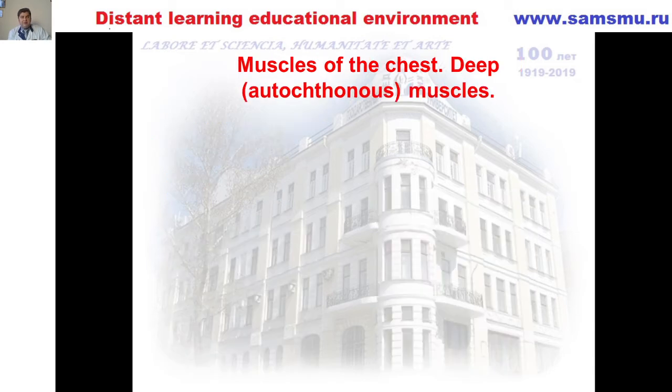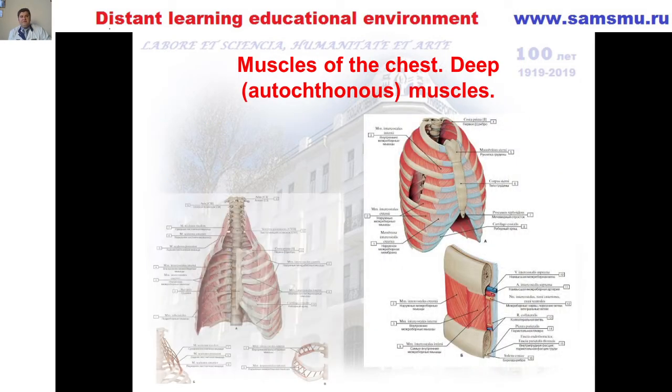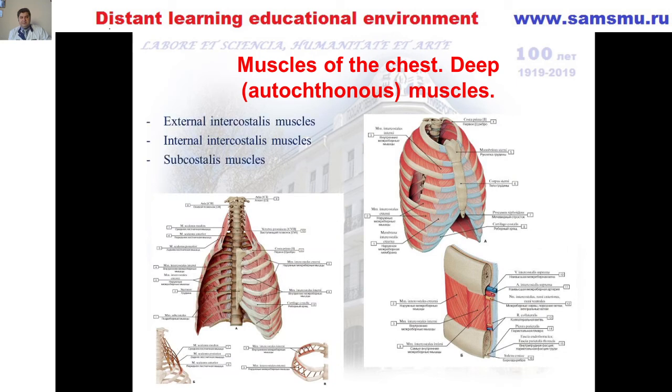So next we'll talk about the deep muscles of the chest. The external intercostal muscles, musculi intercostales externi, run through the intercostal spaces from the spine to the costal cartilage. You may see this muscle in this picture.